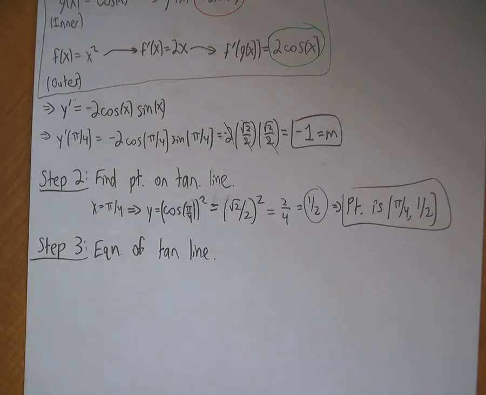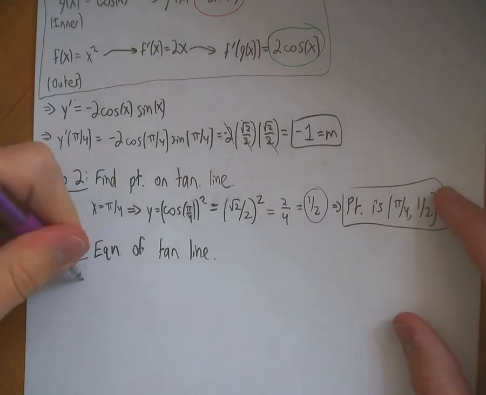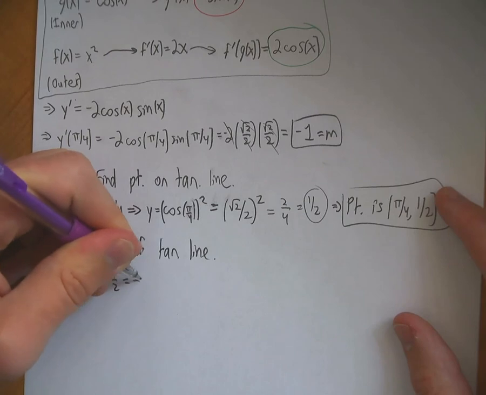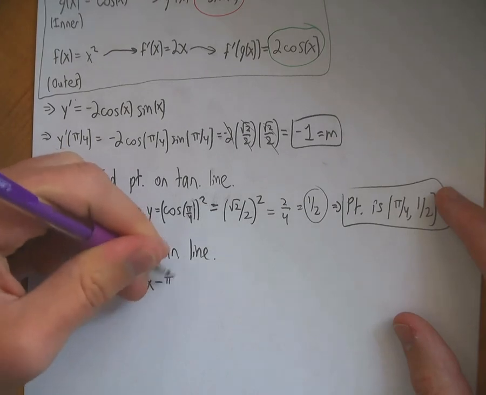Y minus 1/2 equals negative 1 times the quantity x minus pi over 4.